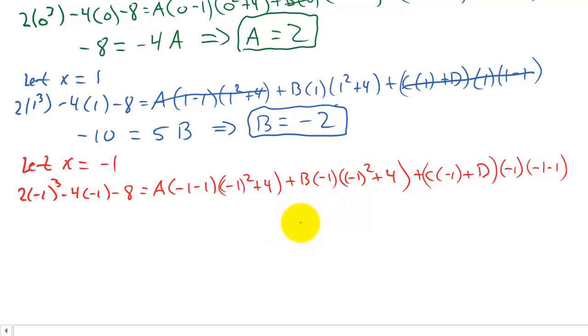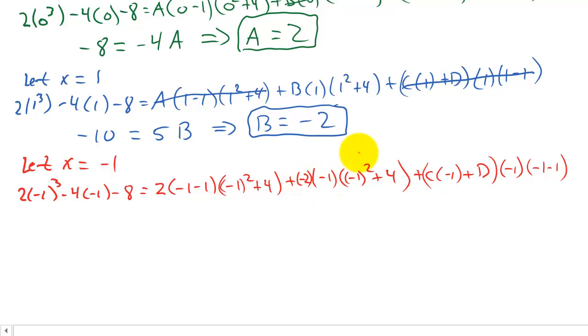all of my arithmetic, and let me go ahead and do this first. It might make it a little easier. So I have A. I know A is 2, so let me erase the A here and put a 2. And then I have B is negative 2, so let me go ahead and erase the B and put negative 2.